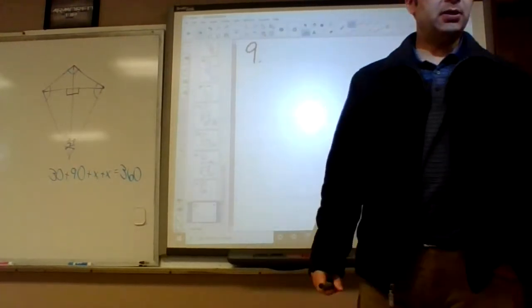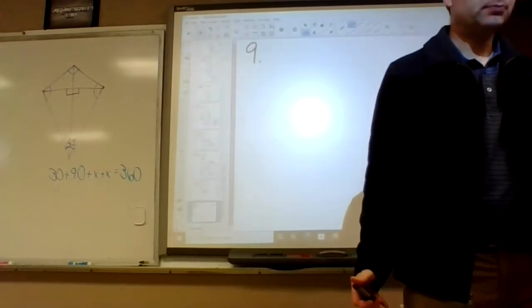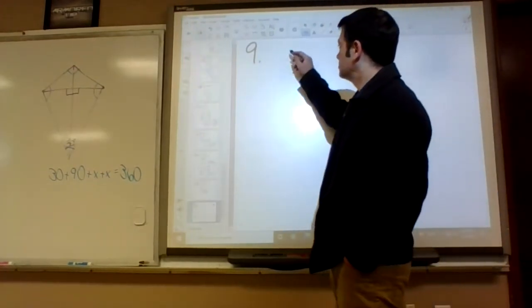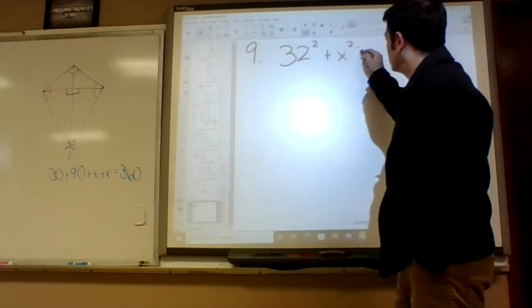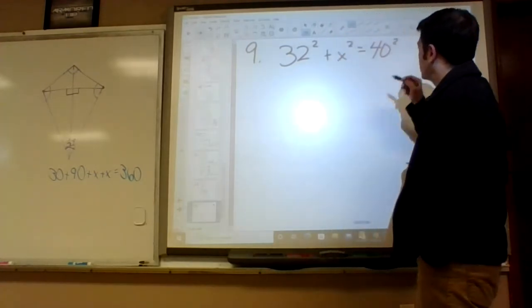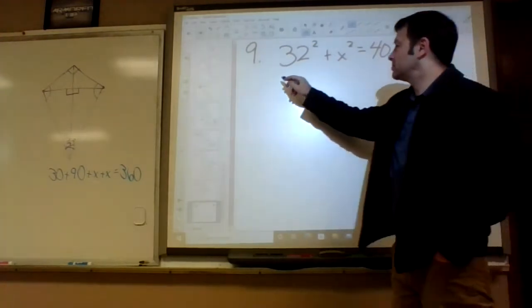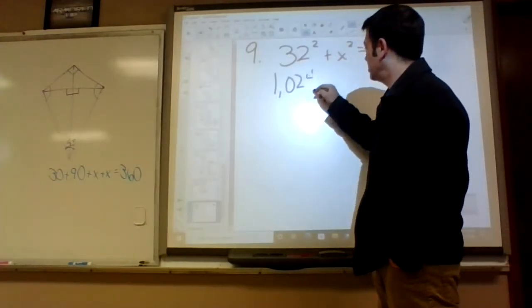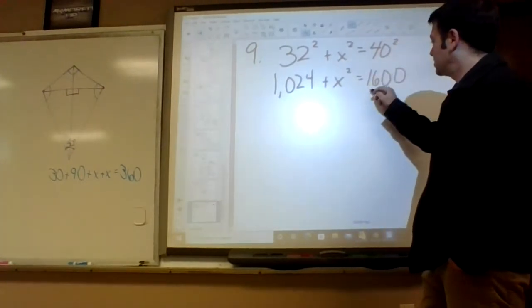Number 9. Jaden, how would I set up number 9? 32 squared plus x squared equals 40 squared. Correct. 32 squared, that's kind of a big one. 1024. Did that in your head? Absolutely not. You're supposed to lie and take credit.